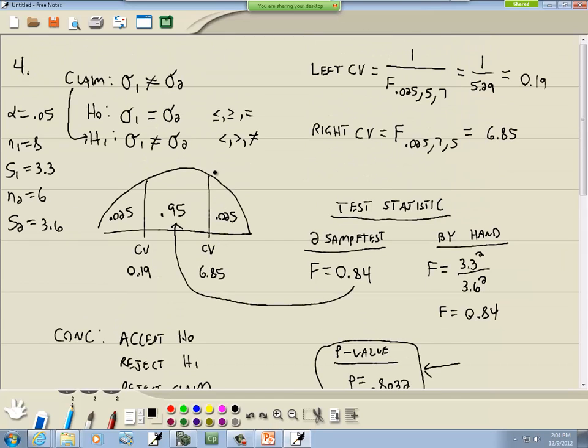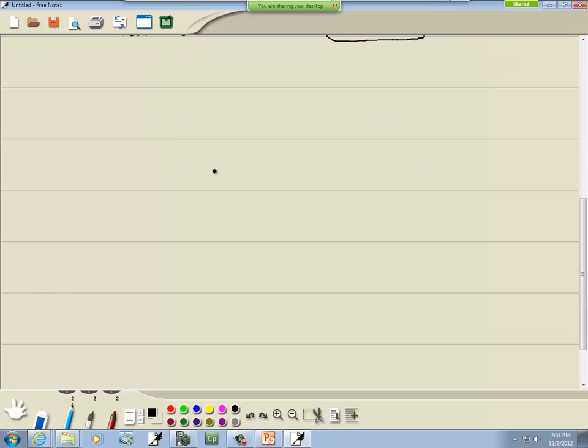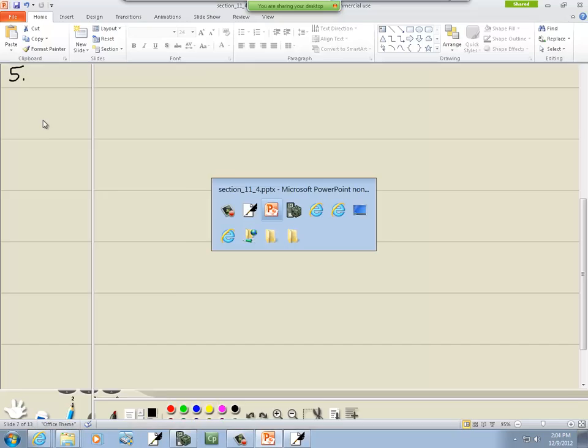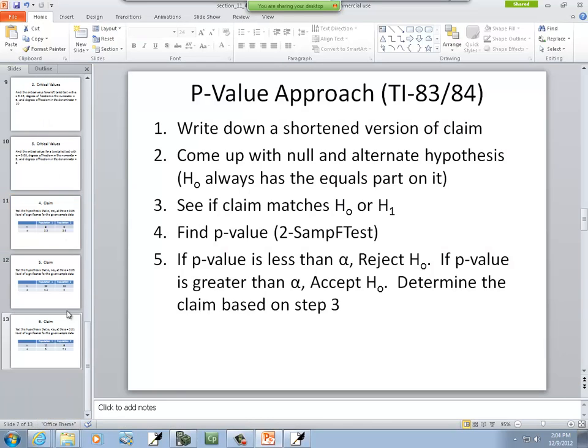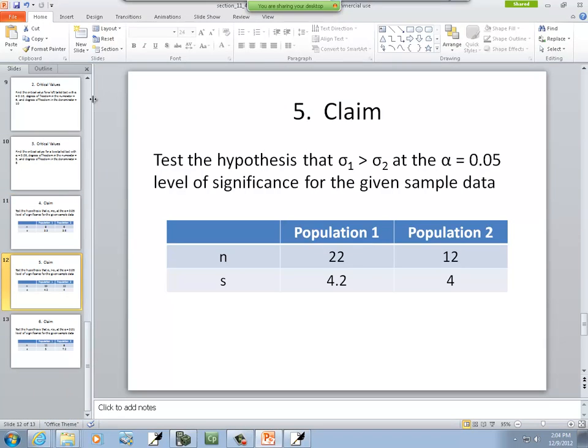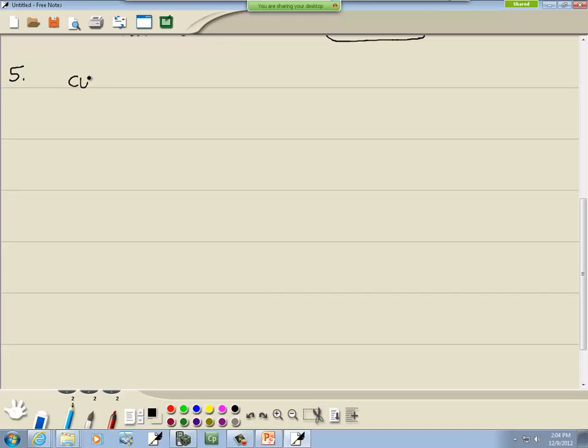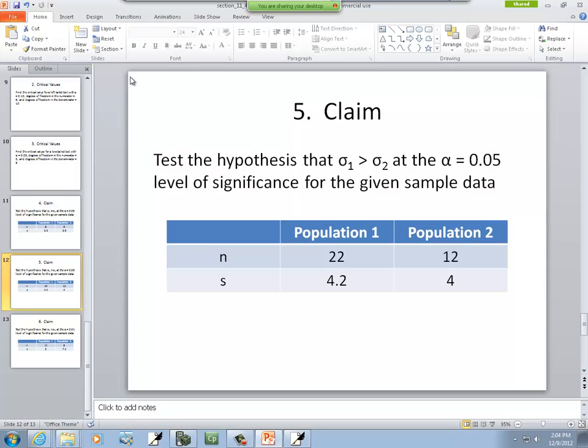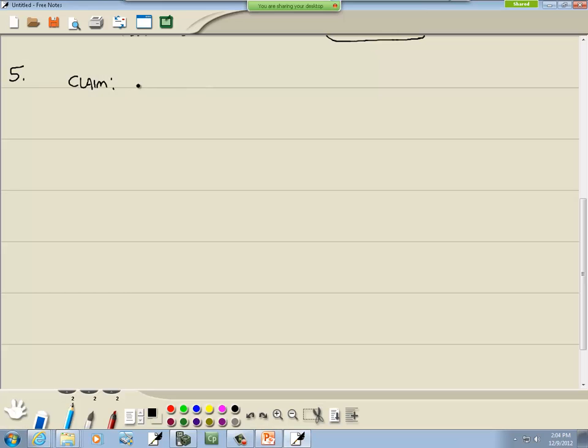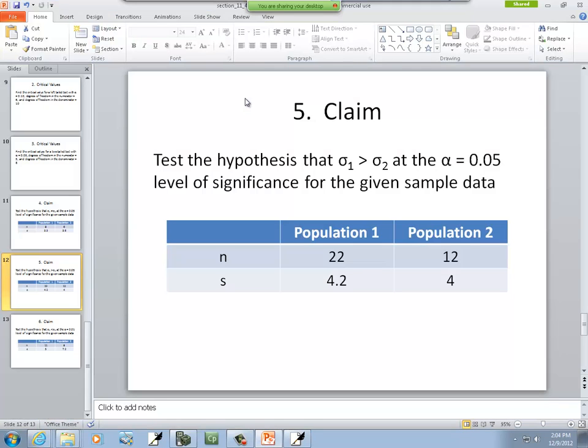Let's look at our next example. Number 5. It says, test the hypothesis that sigma sub 1 is greater than sigma sub 2 at alpha equal to 0.05 level of significance for the given sample data.